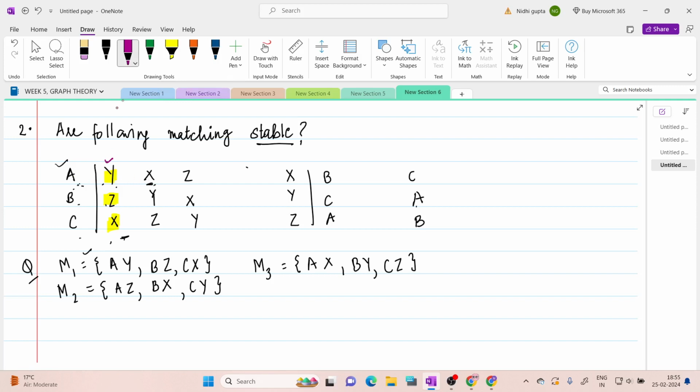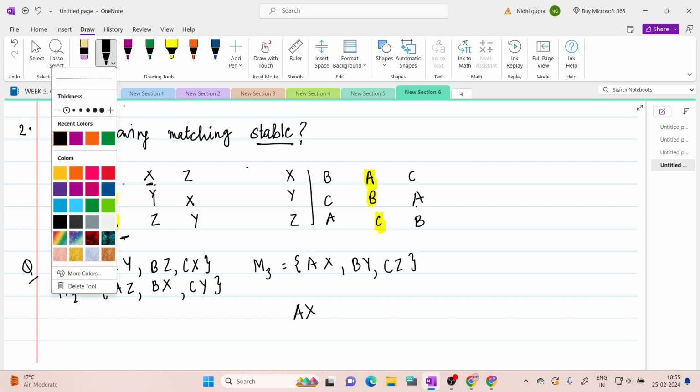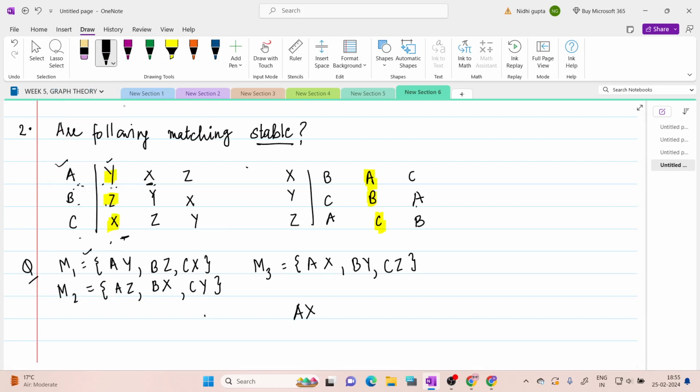AX is not making A happy, but X might be. So AX is not a blocking pair because A is getting Y. When we take the preferences of X, for it to be a blocking pair, both should be happier with the new choice. In this, A won't be happy with the new choice, because A prefers Y over X.